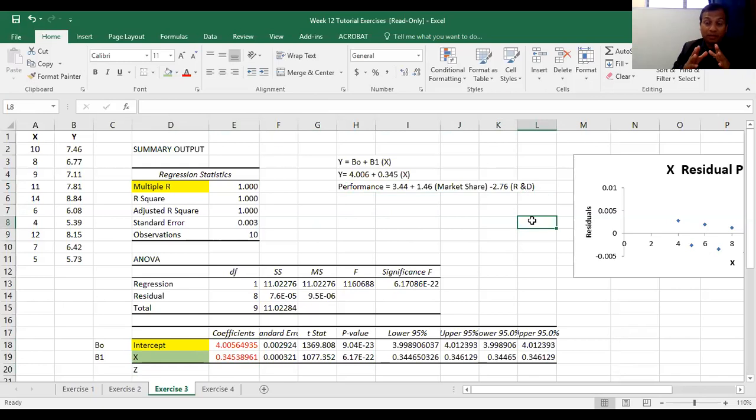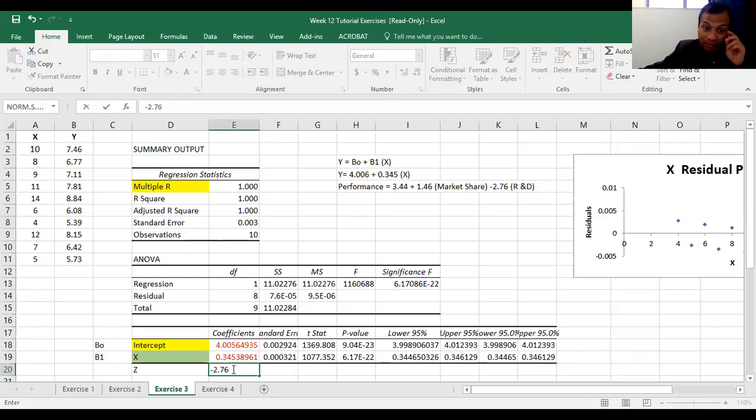And this will be your right regression equation. So remember, if the Z value is 2.76, it will be plus 2.76. Is that right? Yes. So I'm assuming here I'm writing minus 2.76, then only I took it as minus 2.76.